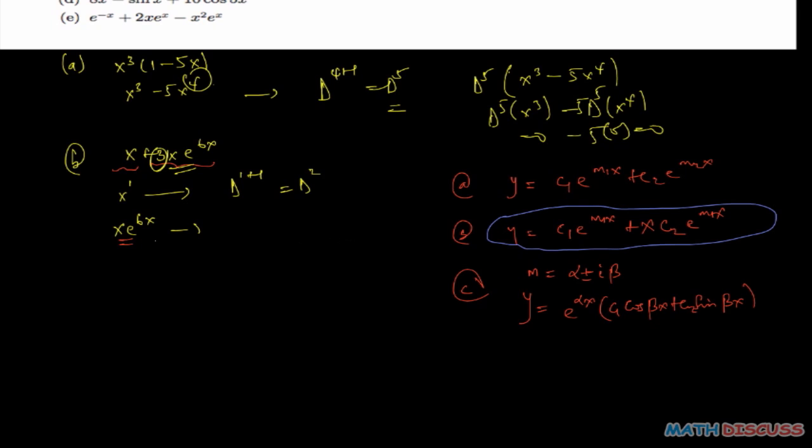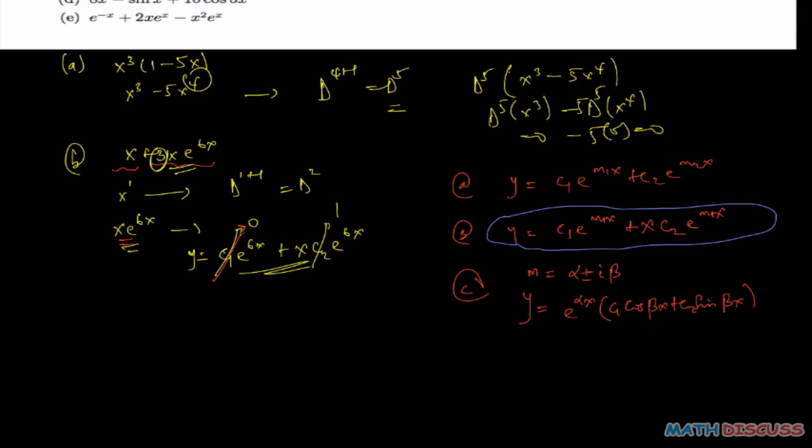So I'm going to write this in that format. It's as if we're given y equals c1 e to the power m1x, where m1 is 6, plus x c2 e to the power 6x. But how can it be equal to this? It can be equal when c1 equals 0 and c2 equals 1.